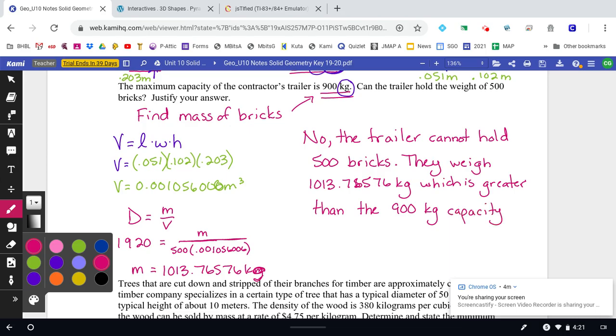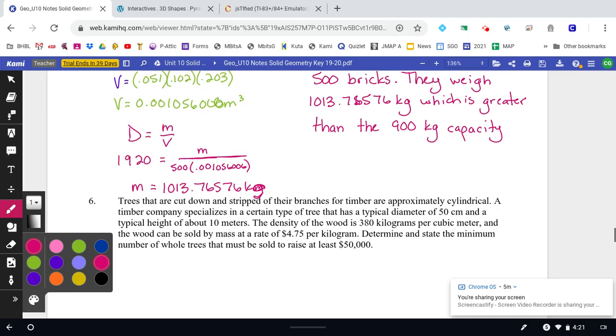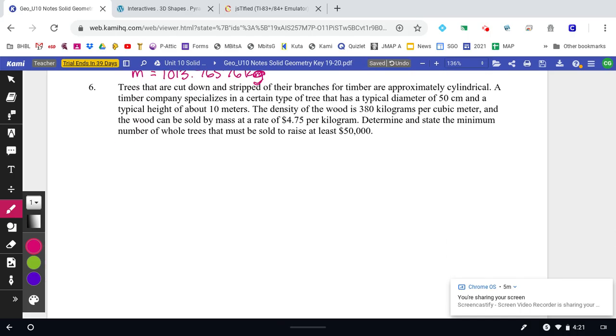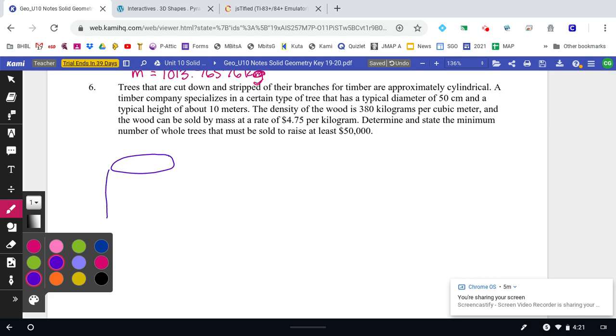All right, number 6. Trees that are cut down and stripped of their branches for timber are approximately cylindrical. The timber company specializes in a certain type of tree that has a typical diameter of 50 centimeters and a typical height of about 10 meters.